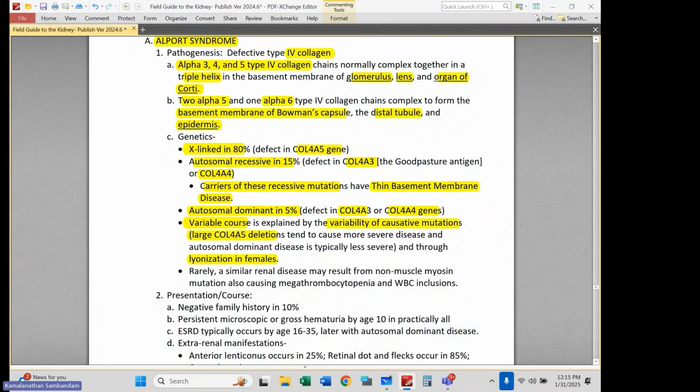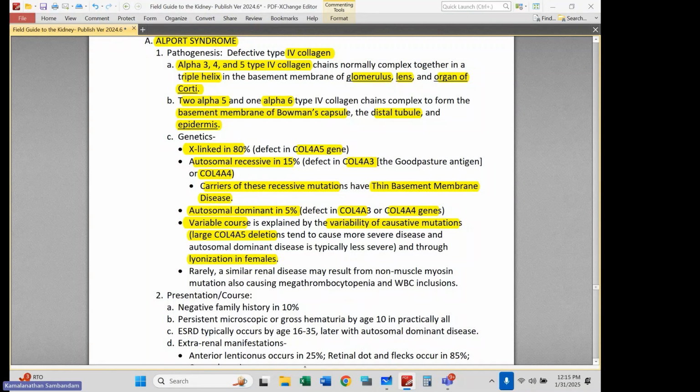So that means if I'm a male and I inherit this mutant allele on my single X chromosome, I don't have a normal second X chromosome to defend me against severe manifestations. That's fine. It makes sense. I'm a male. I develop severe CKD early in life, even terminal renal failure.